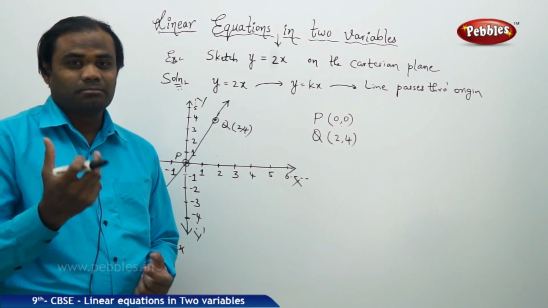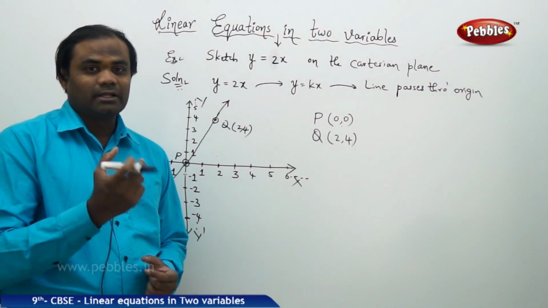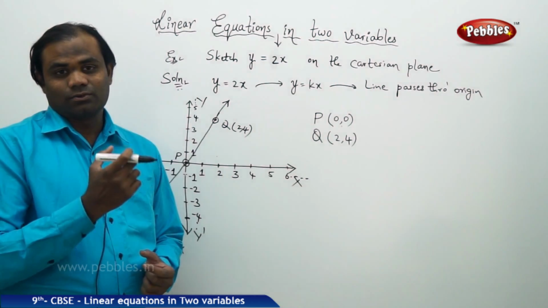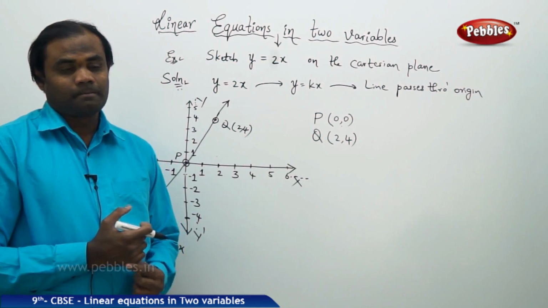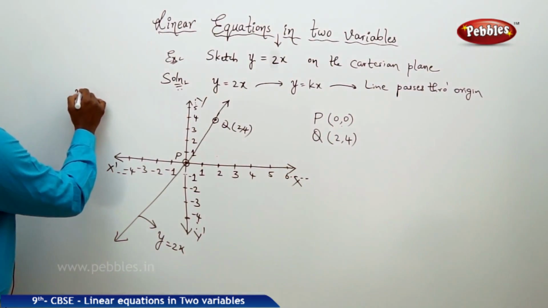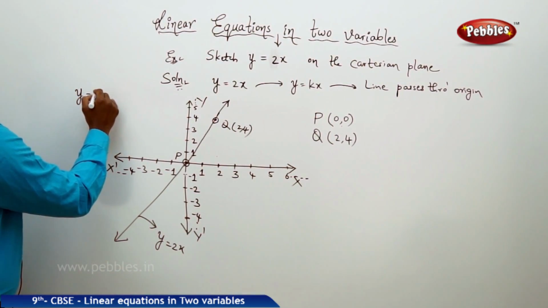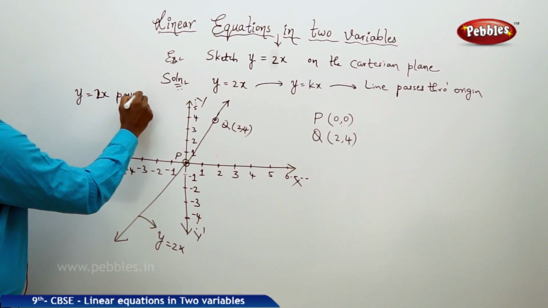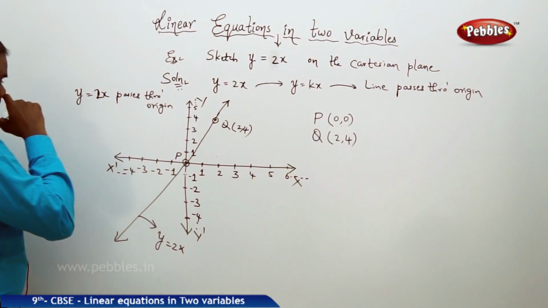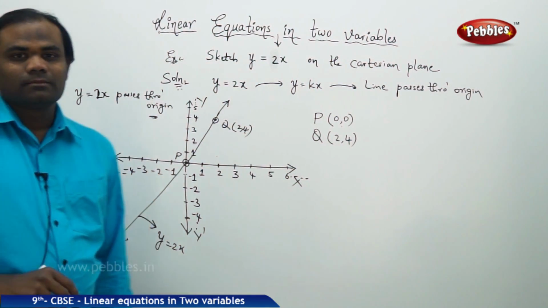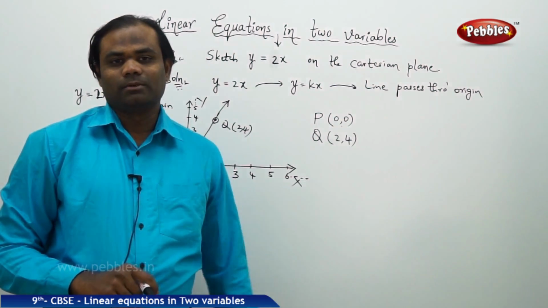So a constant plays a vital role in deciding whether the line passes through the origin or not. That y equals 2x passes through the origin is the learning outcome in this problem.